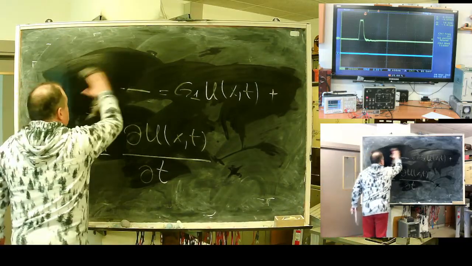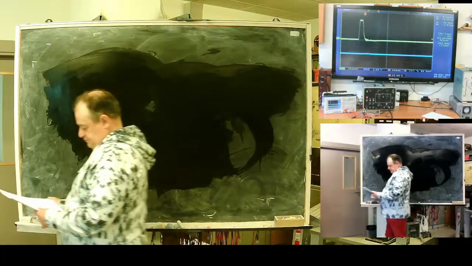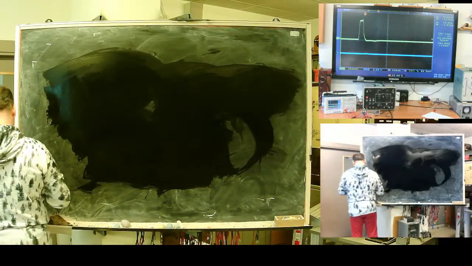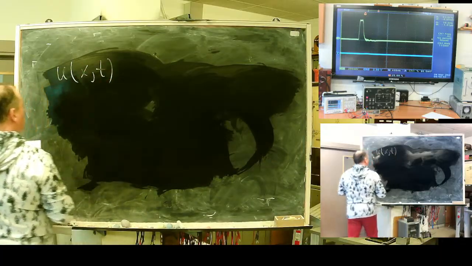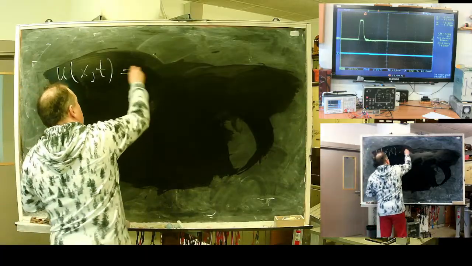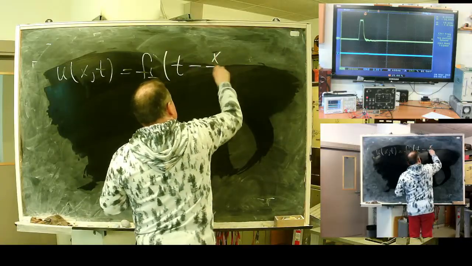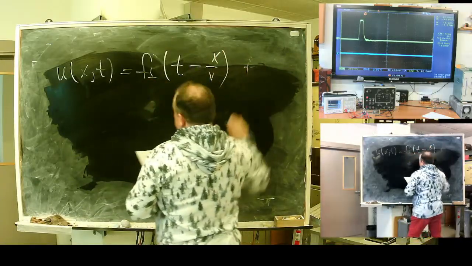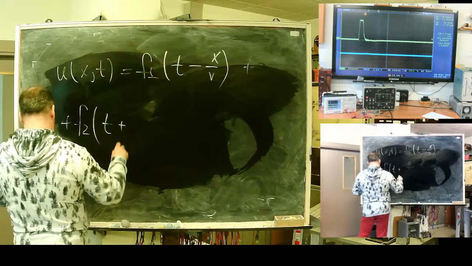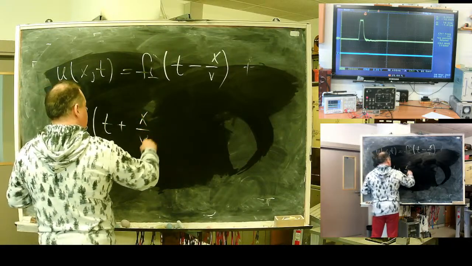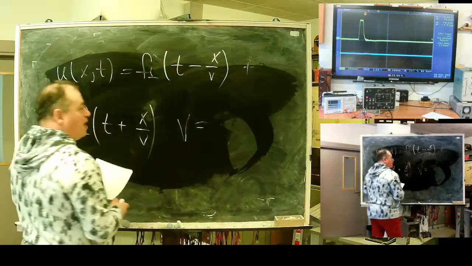Solution of the telegraph equation system brings us the wave equation. Voltage as a function of distance and time will be the first function of t minus x divided by v, plus the second function of t plus x divided by v, where x is distance, t is time, and v is propagation speed.